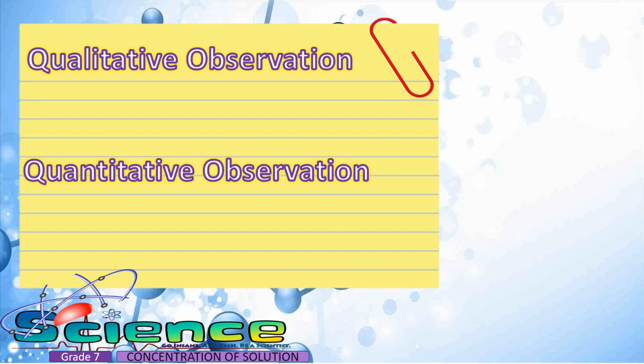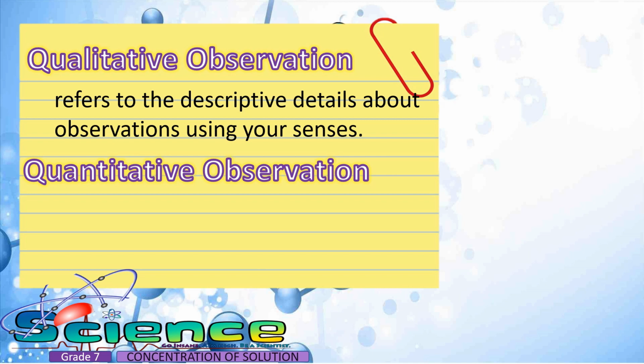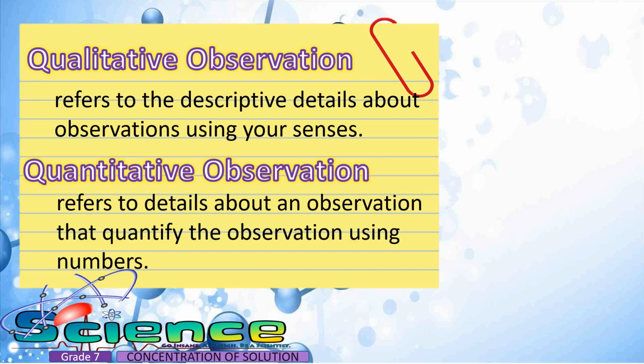Qualitative observation refers to the descriptive details about an observation using your senses, while quantitative observation refers to details about an observation that quantify the observation using numbers. Examples are measurements.